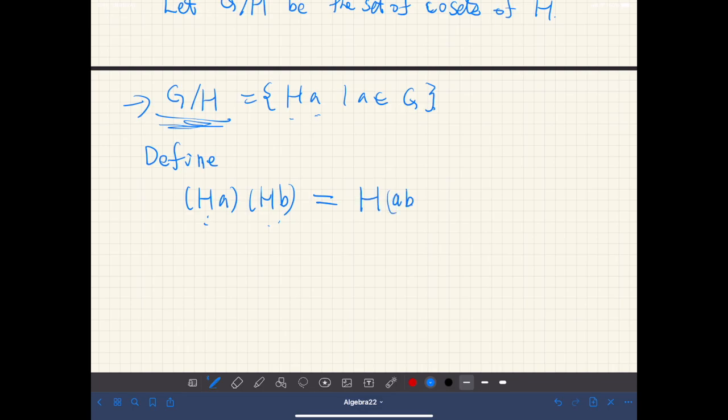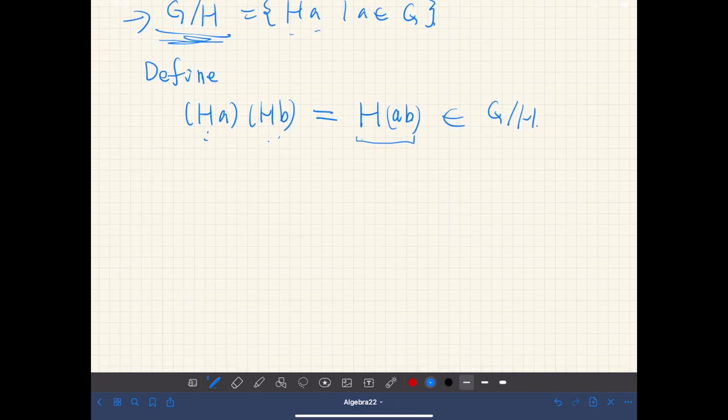So ab is an element of G. So this is another coset, which is therefore an element of G by H. Right? Then this operation is well defined.